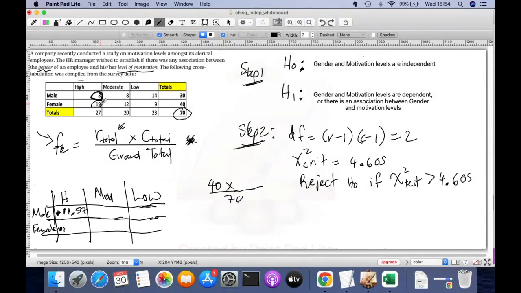The column total is still the same, it goes down 27. If you work that out, you get a value of 15.43.